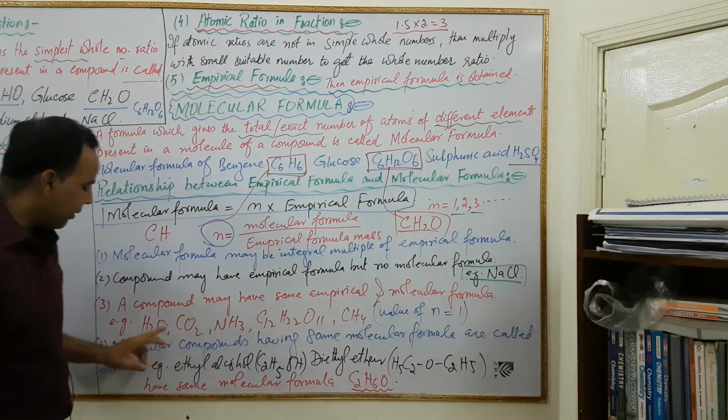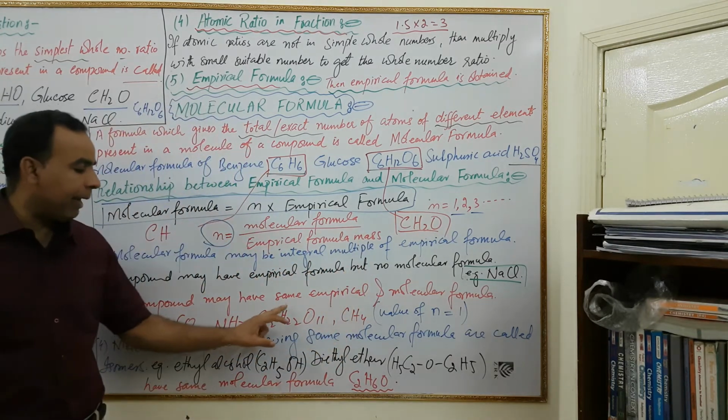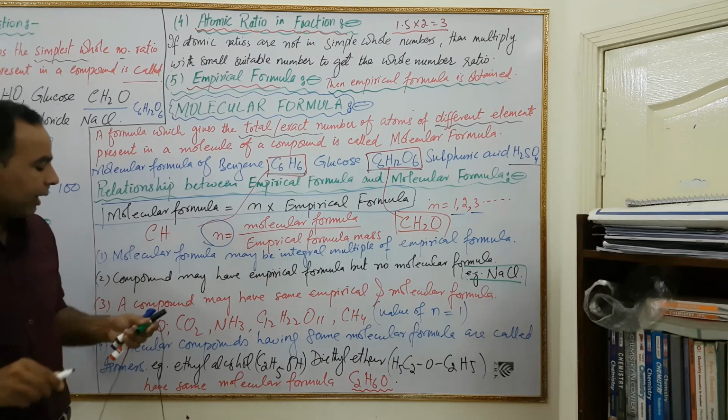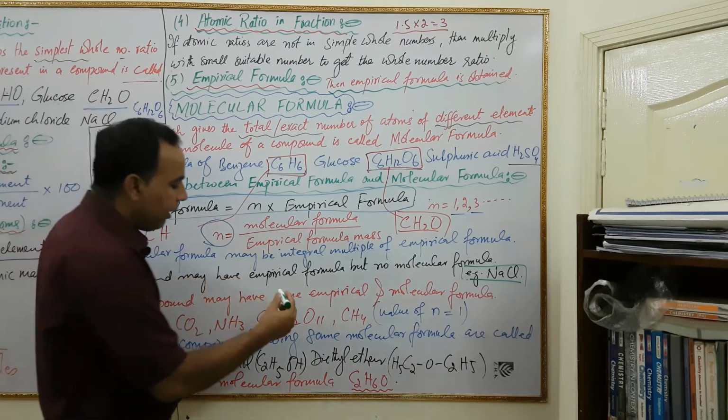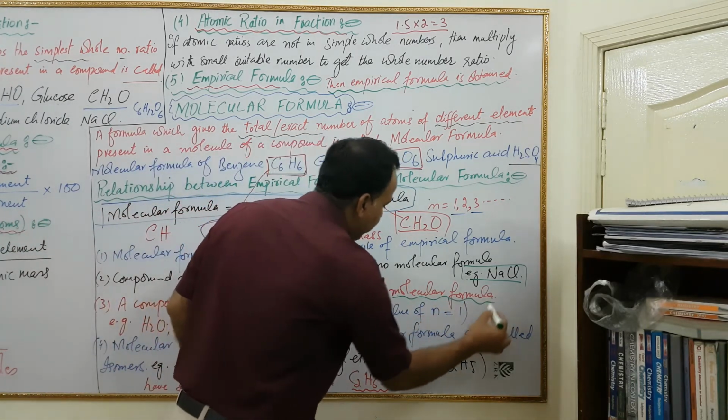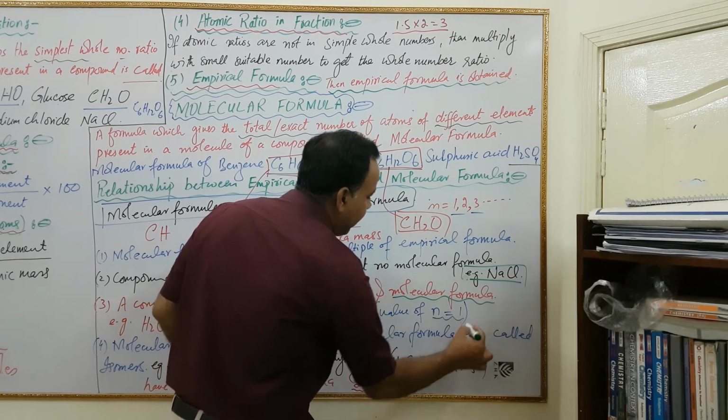Now, point number 3 is that a compound may have the same empirical formula and molecular formula. There are certain compounds, dear students, which have the same empirical formula and molecular formula, and their value of n is 1.